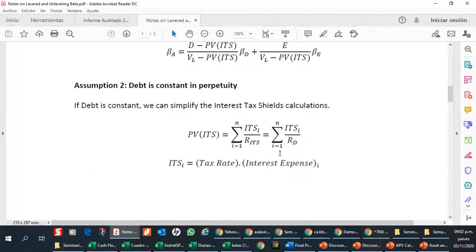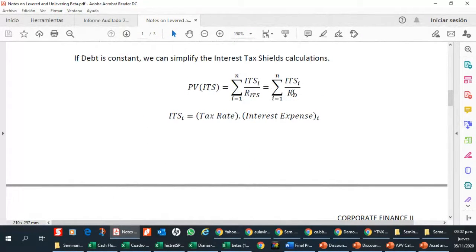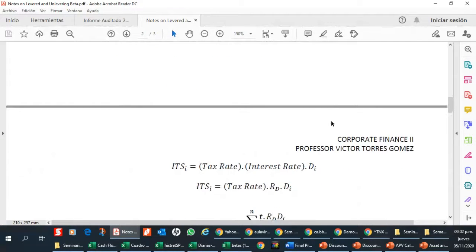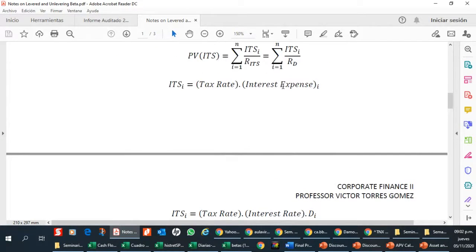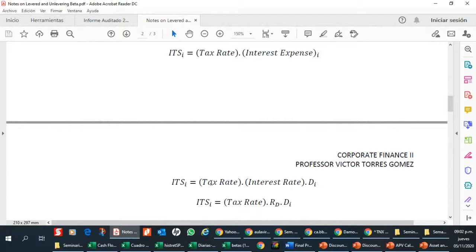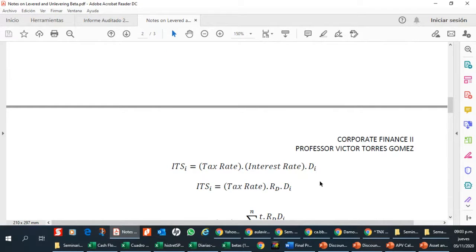If that is the case, we can replace this here in the denominator, and the numerator is nothing more than the tax rate times the interest expense. That's the interest tax shield that you are aiming for. And if that is the case, and then continue to simplify, the interest expense transforms to the interest rate times the debt in each one of the years.